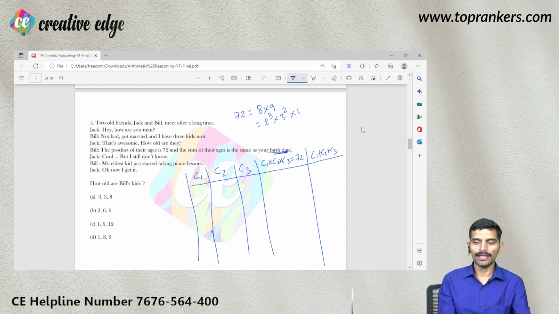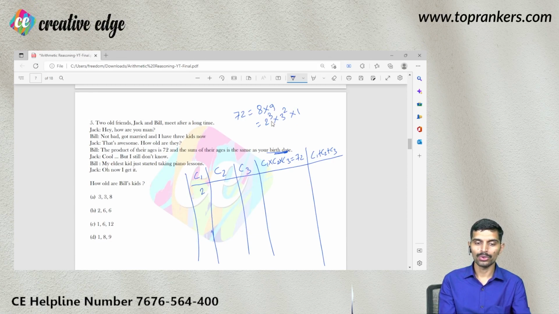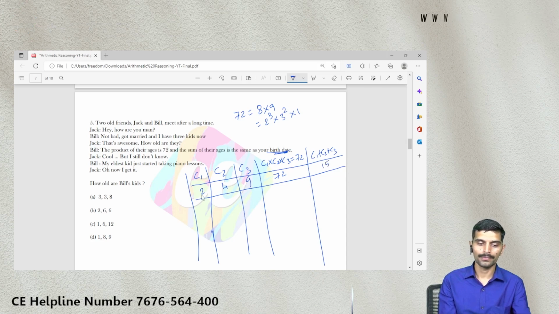So here we can have different combinations, say 2. If it is 2, the other could be 2 to the power 2, that is 4. The third one could be 9, right? So the product of these three is 72, and the sum of these three is 4 plus 9, 13, plus 2, 15.